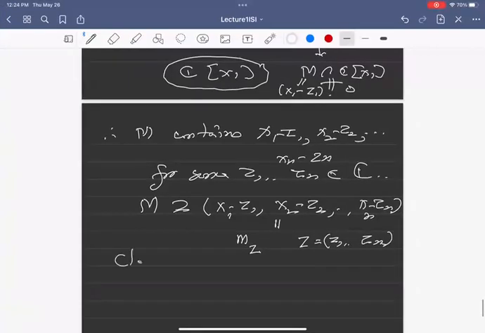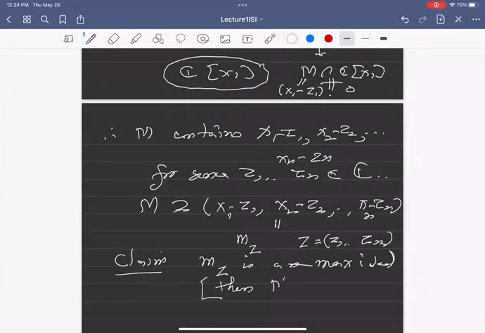And if we show that mz is a maximal ideal, then M will be equal to mz, and we will be done. We will know that the maximal ideals in the polynomial ring in n variables are given by points in Cn.